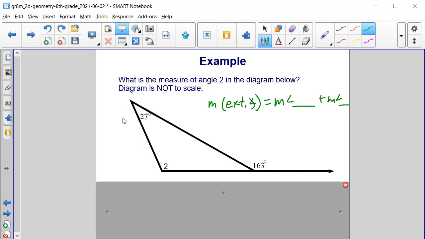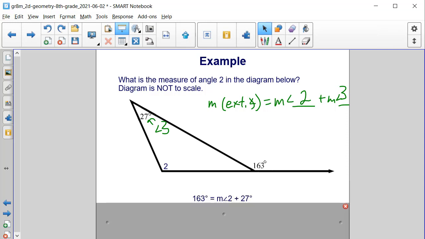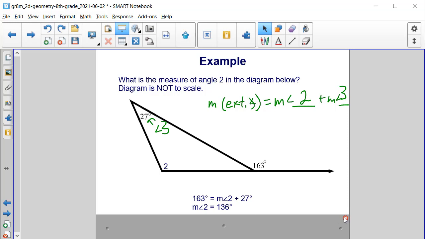So, let's call this angle 3. We have the measure of angle 2 plus the measure of angle 3. Now if we fill in the known quantities, we get that 163 degrees is equal to the measure of angle 2 plus 27. And then if we subtract 27 from both sides, we will find out that the measure of angle 2 is 136 degrees.